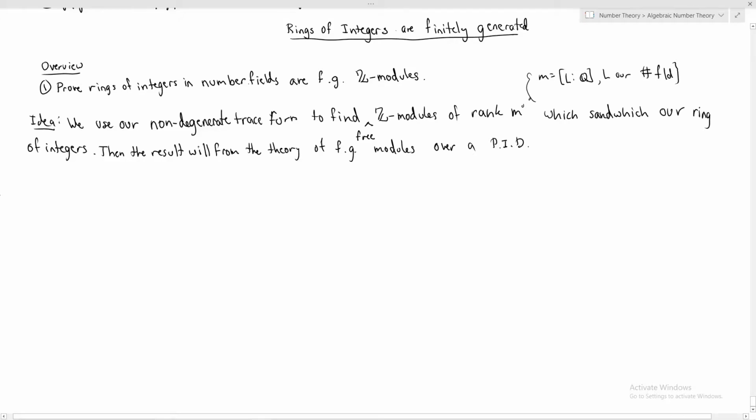So our main result is the following proposition. This is going to be 22.1 proposition.